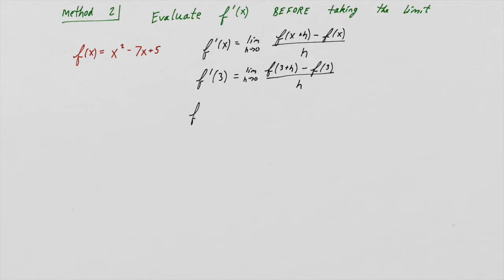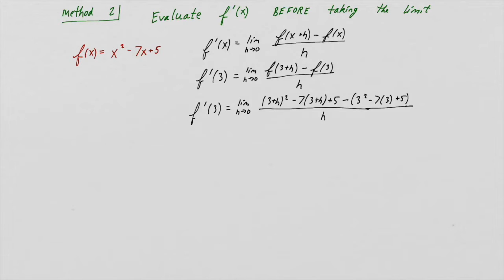So you've got f prime of 3 equals the limit as h approaches 0. For f of 3 plus h, we just do 3 plus h squared minus 7 times 3 plus h plus 5, minus, and then f of 3 is going to be 3 squared minus 7 times 3 plus 5. And that whole last one's in parentheses there, all over h.